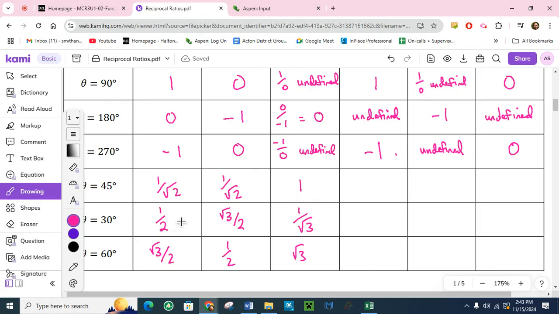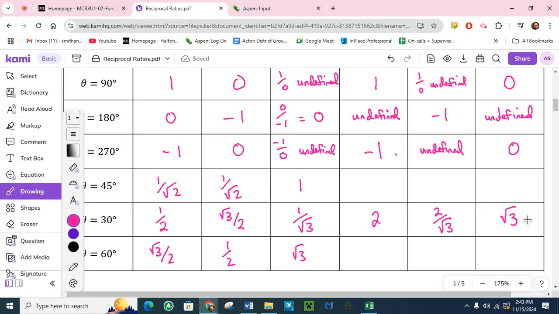Could I get somebody that hasn't helped out yet today? What's the flip of 1 over 2? I heard it. 2 over 1 or just 2? What's the flip of root 3 over 2? You just flip it. 2 over root 3. And what's the flip of 1 over root 3? It's just root 3, the cotangent of 30 degrees.